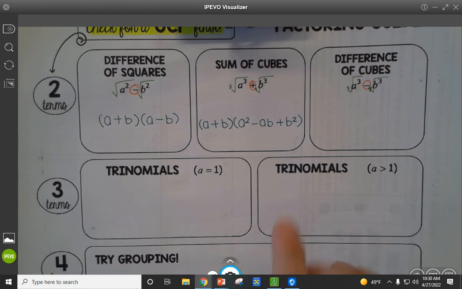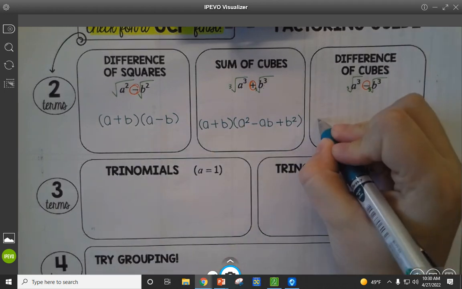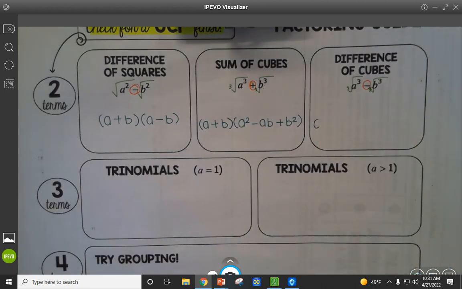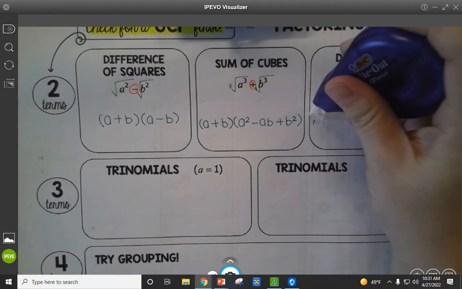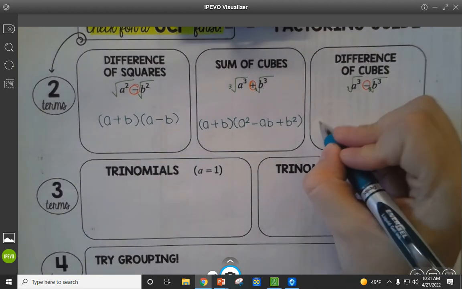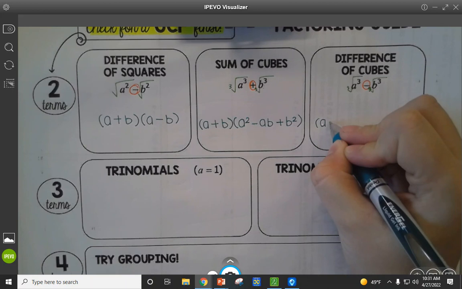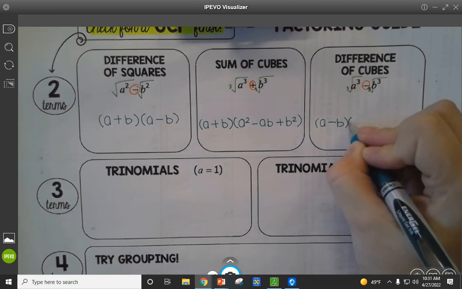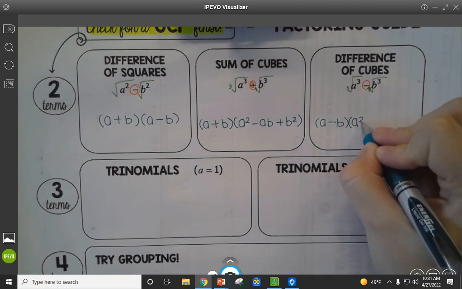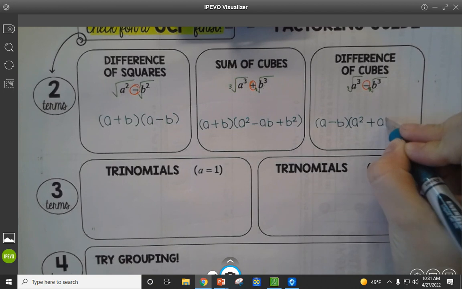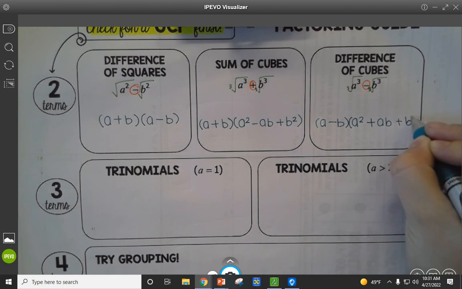The difference of cubes is almost the same. It's A minus B, and then A squared plus AB plus B squared.